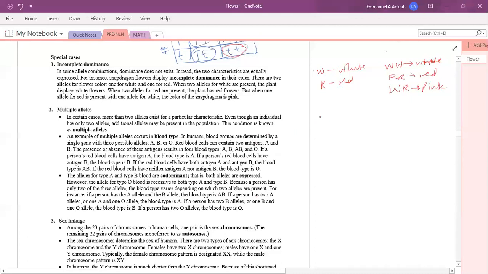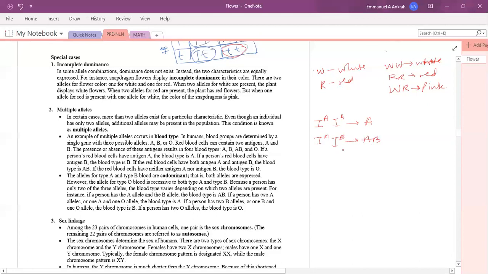To simplify this in terms of notation, we use, let's say, I^A. If the gene is I^A, then this person has group A. If a person has both A and B genes, then because they're co-dominant, they have AB.